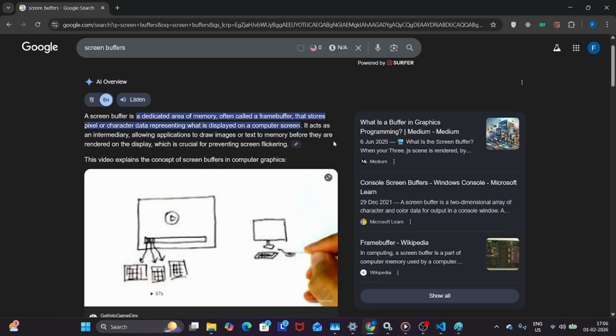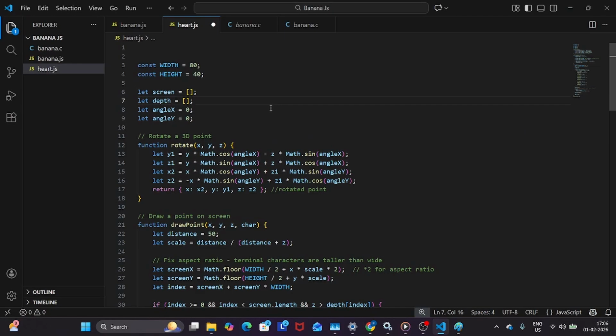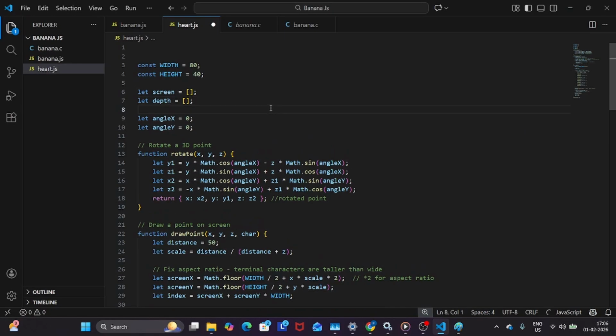In our code we are also using storage like screen, which stores what character is drawn at each position on the screen, and depth, which stores how far a point is from the camera, the distance along the z-axis.